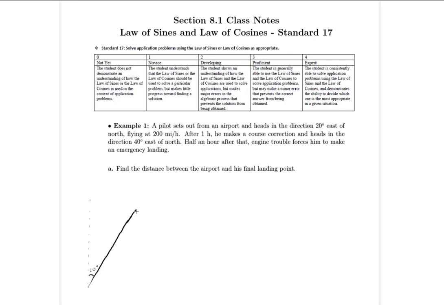And then from there, we make a course correction, and from there we go 40 degrees east of north. So that's got to be a little more of an angle there, 40 degrees. And I'm going to make this side shorter because we only go for a half hour here.